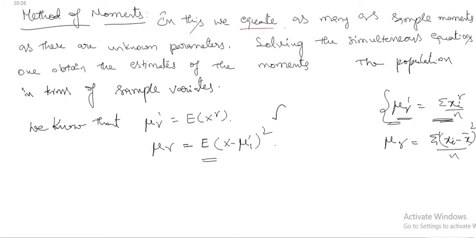In this, we equate as many sample moments as there are unknown parameters. So, manaki unknown parameters ennaithe untayo anni sample moments ki equating chestam. Solving the simultaneous equations, one can obtain the estimates of the moments of the population in terms of sample variates.